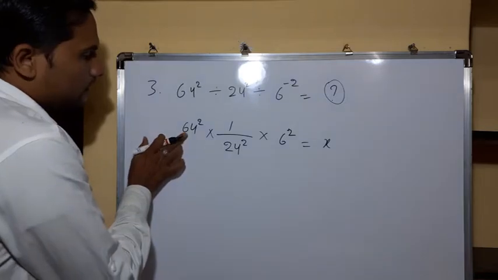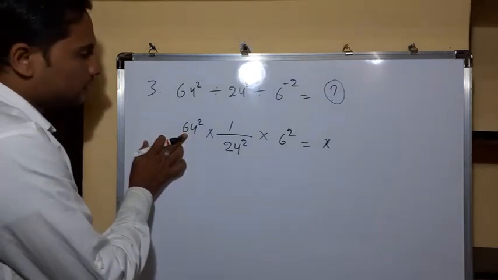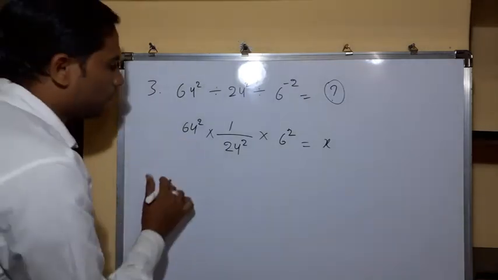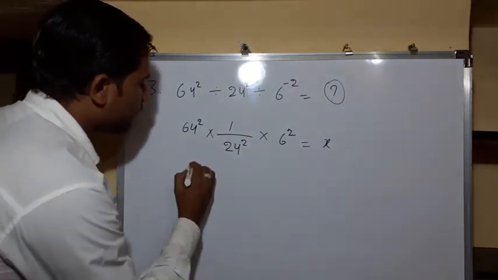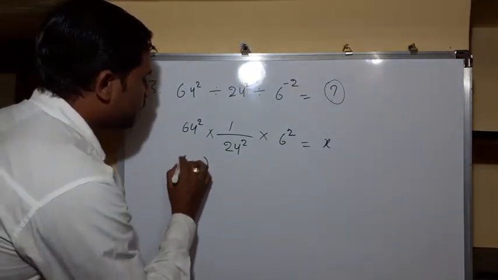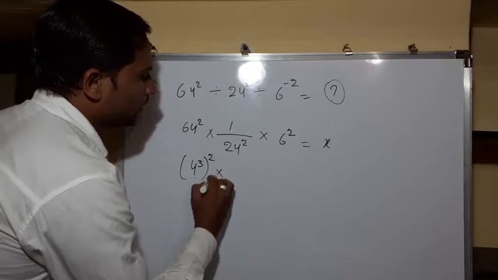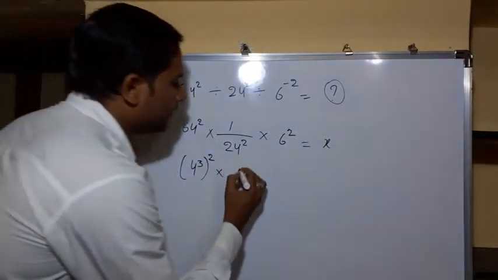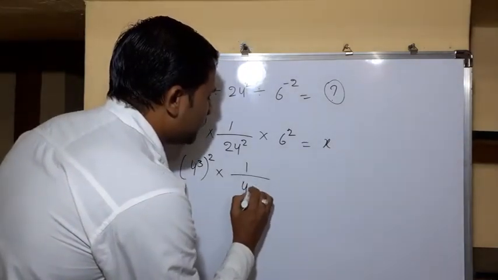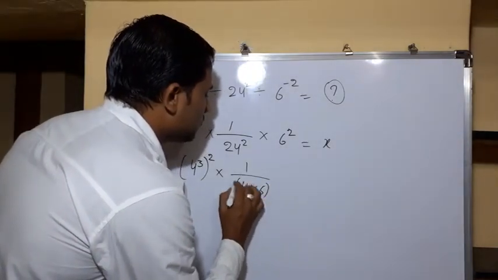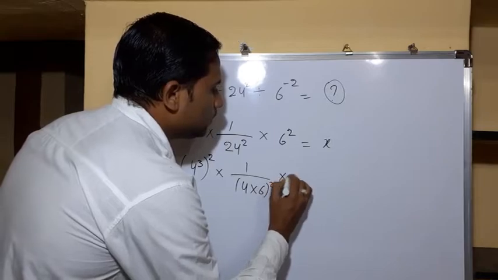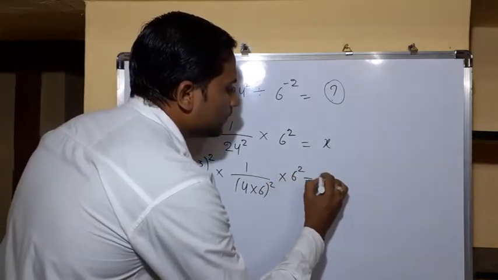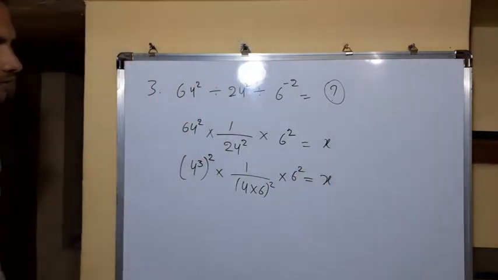See here, 64 is 4 cube, right? 4 cube. 64 is 4 cube whole square into this 24, which is 4 into 6, right? So 1 by 4 into 6 whole square into 6 square is equal to x.